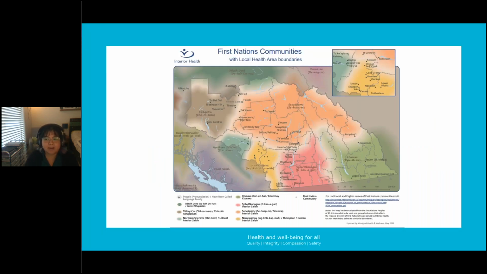Here's a map of the Interior Health region coverage area. As you can see, it's quite a large area. In our drinking water program, we use a regional approach to supply services to the 2,000 permitted water systems. We have 6 environmental health officers in the small water system team.